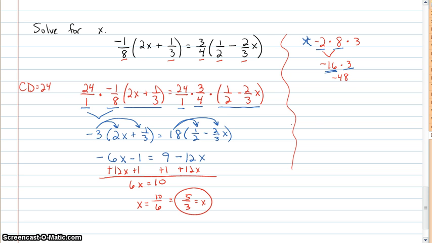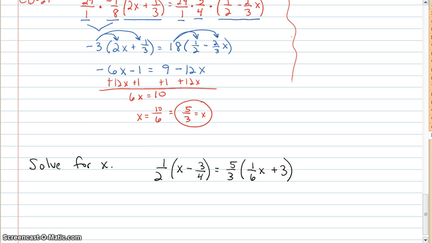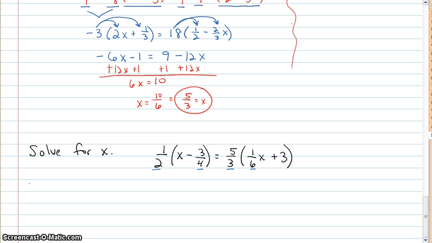Now, sometimes when you choose to multiply, you'll only get one of the fractions maybe to reduce, and you'll have to multiply by something else. So for example, if I'm looking at 2, 4, 3, and 6, hopefully you recognize the common denominator would be 12.